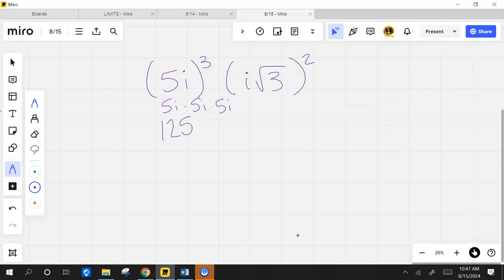Yeah. Okay. And then that would be 6. I'm at 9. That's 9. And then it simplifies to 3.